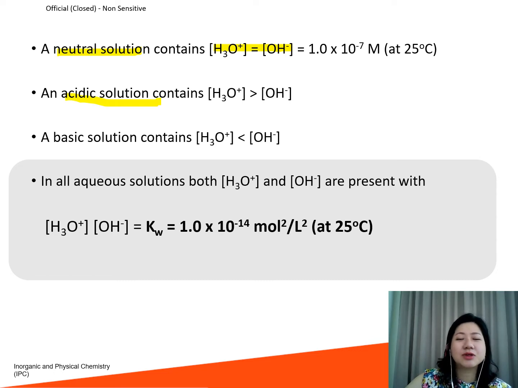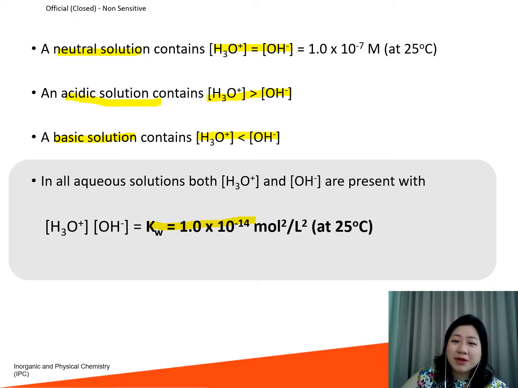Acidic solutions would contain a higher concentration of H3O+ compared to OH-, whereas basic solutions would contain a higher concentration of OH- compared to H3O+. Importantly, in all aqueous solutions, the Kw is 1 times 10 to the power of negative 14.